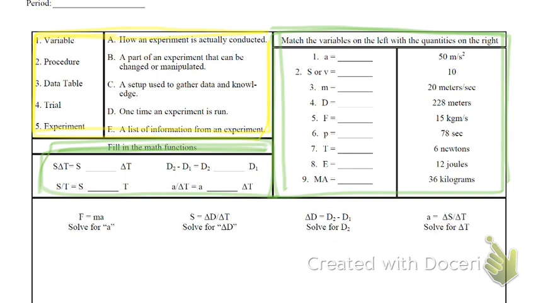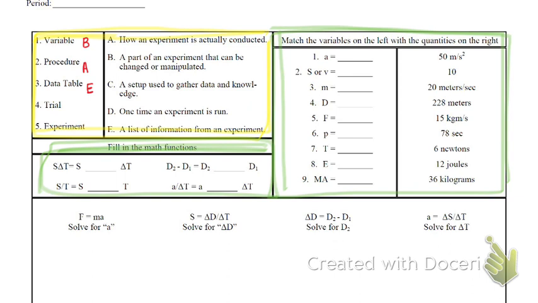Okay, the part of the experiment that you're changing or manipulating. A procedure: how you do your experiment. Your data table: the information you got.